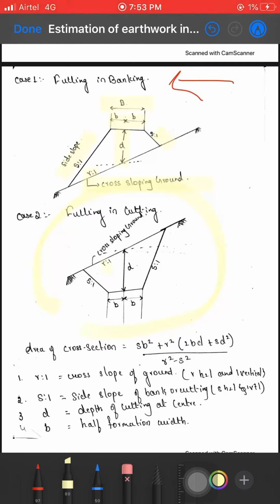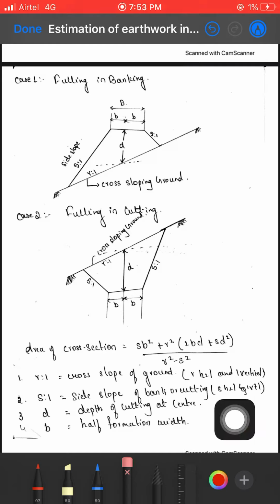Where R is to 1 again represents the cross slope of the ground, S is to 1 the side slope, D is the central depth, small b represents the half formation width, and capital B represents the full formation width.